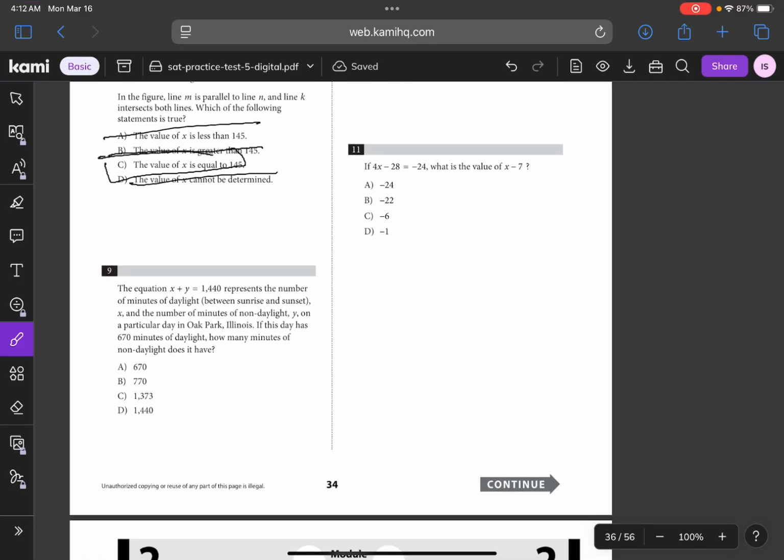Question number 9. The equation x plus y equals 1440 represents the number of minutes of daylight between sunrise and sunset, where x is the minutes of daylight and y is the number of minutes of non-daylight on a particular day. So if it has 670 minutes of daylight, how many minutes of non-daylight does it have? So we know that x plus y equals 1440, and we know that x equals 670.